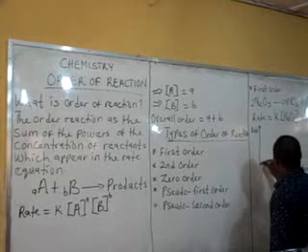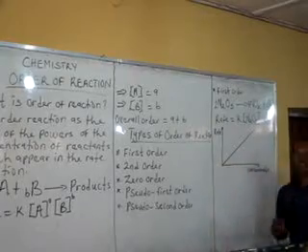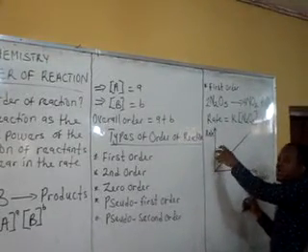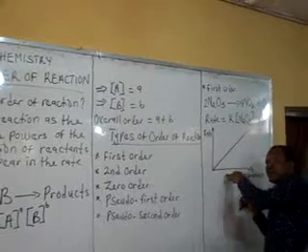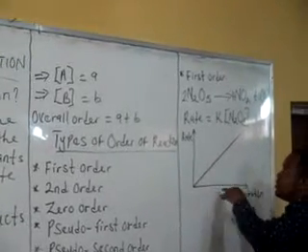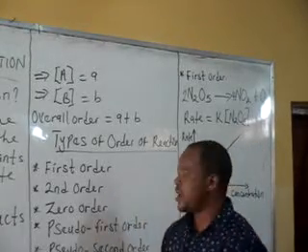So it's going to be a straight line graph. This simply shows that the rate of the reaction is dependent on the concentration of the reactant. So this gives us first order reaction.